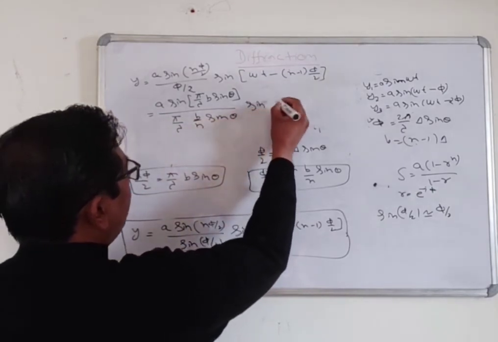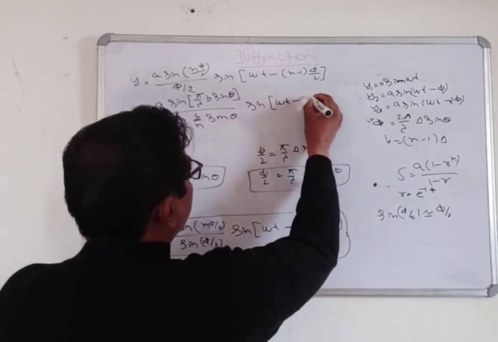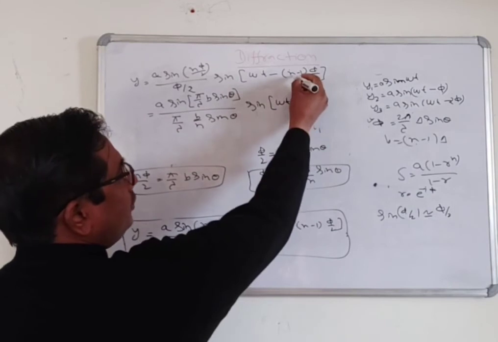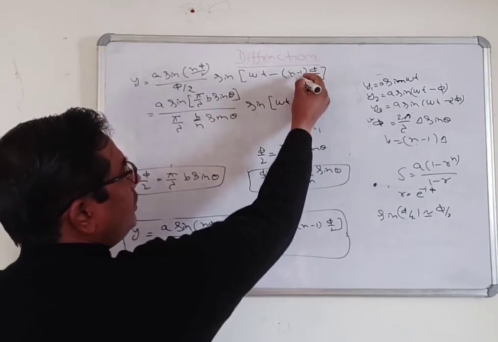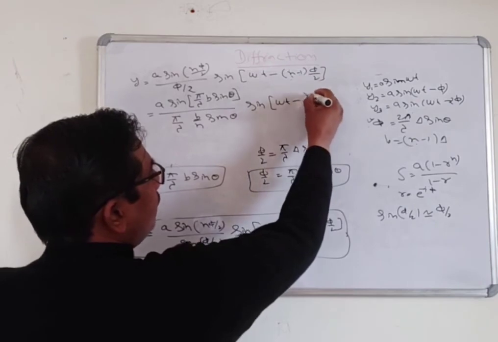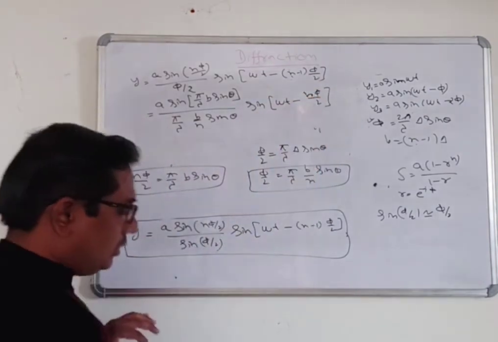Since n is infinite, there is no meaning of the 1, so you can write it as n phi by 2.